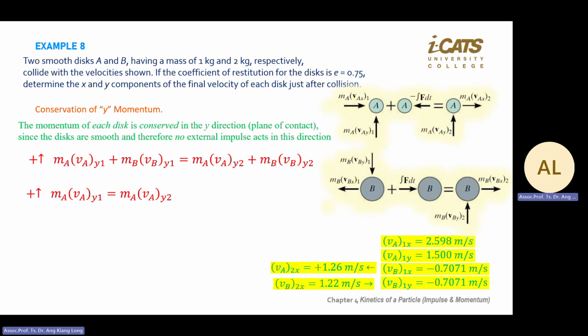In this case, we take out the VB. Okay, so this is how you solve for y.